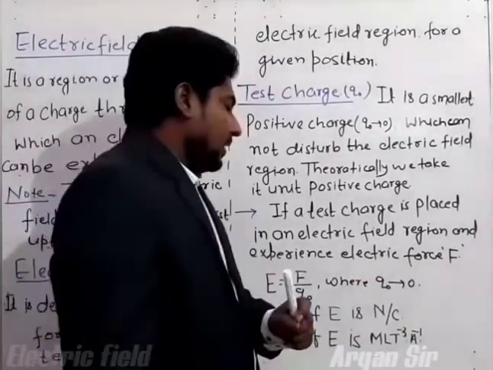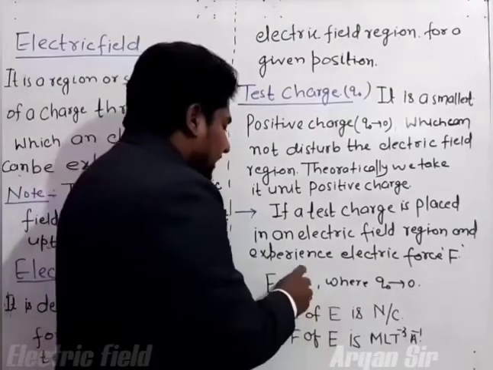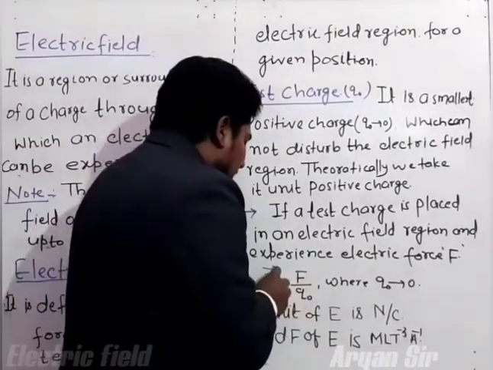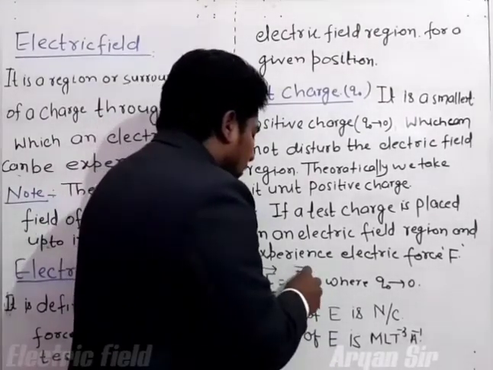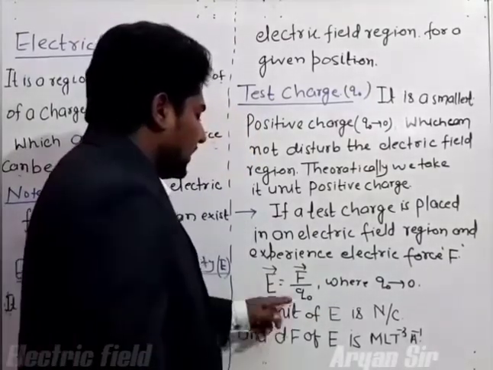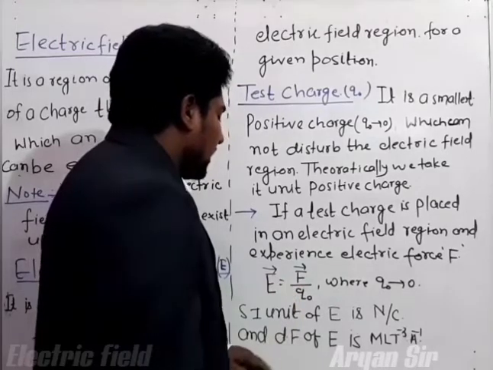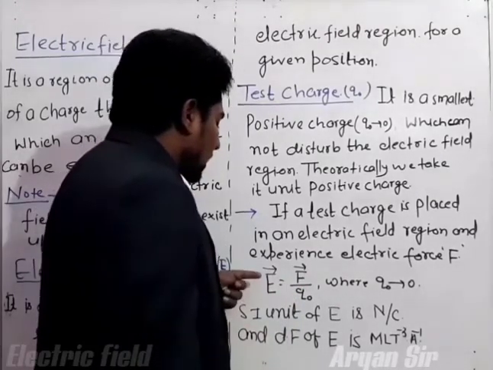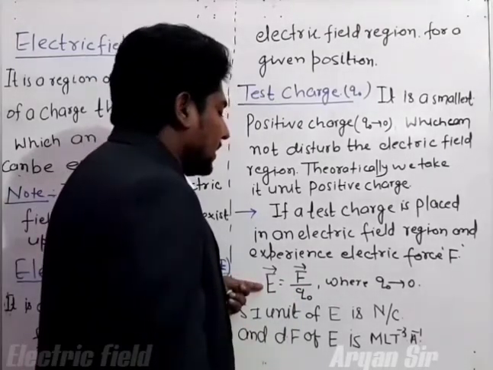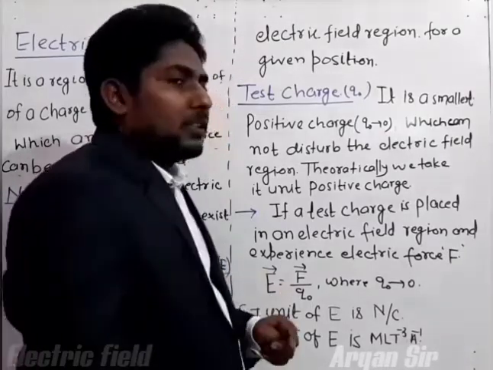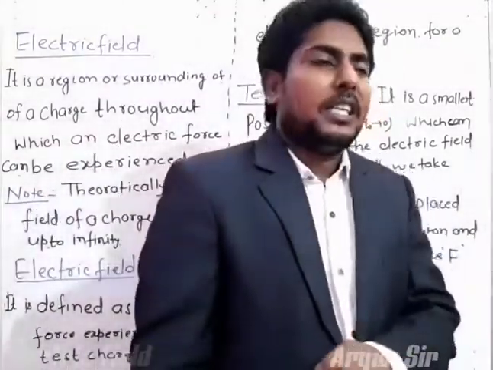It is very clear from this relation: electric field intensity is a vector physical quantity and force is also a vector physical quantity, and q0, the test charge, is a positive charge. So we can say the direction of electric field intensity will be the same as the direction of the force experienced by the test charge.